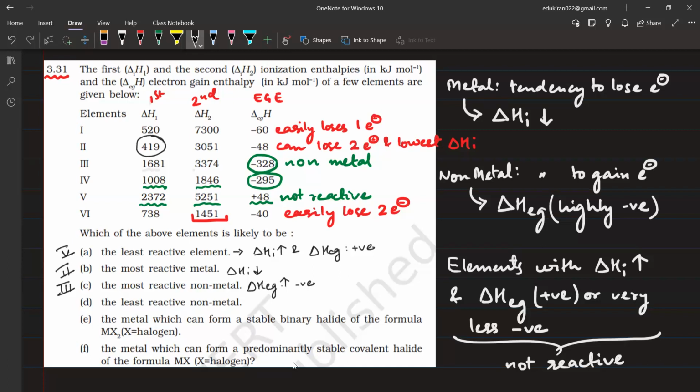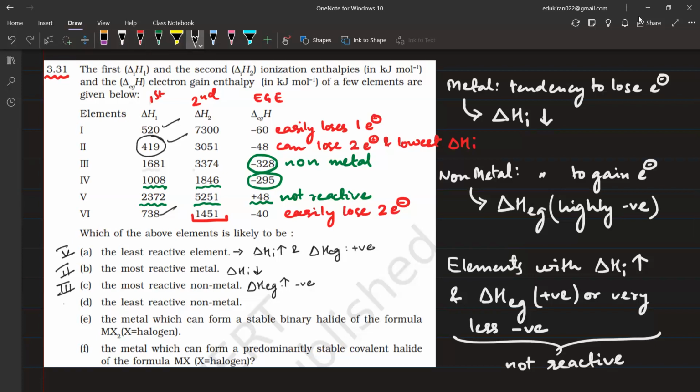It is not a metal, but first of all, please understand that it is not a metal. Okay. So all of these things, for example, minus 60, minus 48, we cannot consider them because they have quite metallic character because they have low ionization enthalpy, right? Here also low ionization enthalpy. So the fourth one is a non-metal, but it is not very reactive.